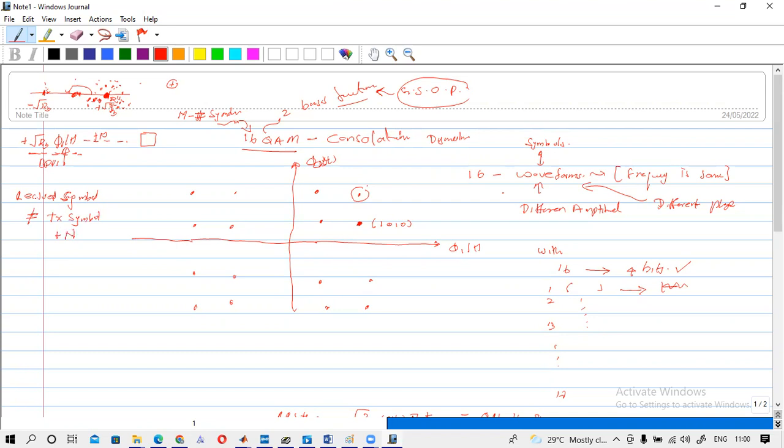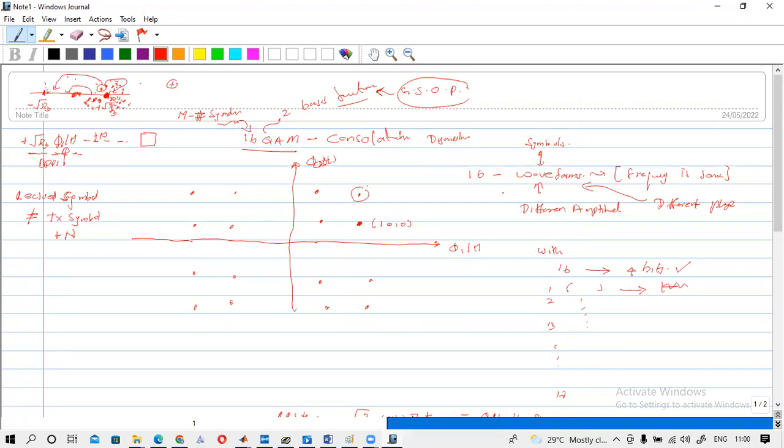So this received symbol can be any point here. Then you have to decide whether the received symbol belongs to this symbol plus root Eb or minus root Eb.